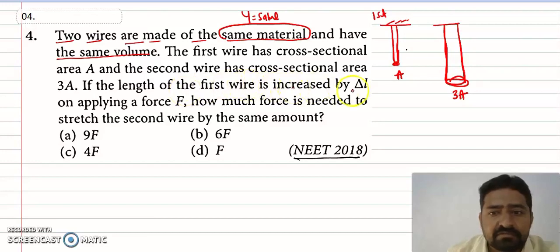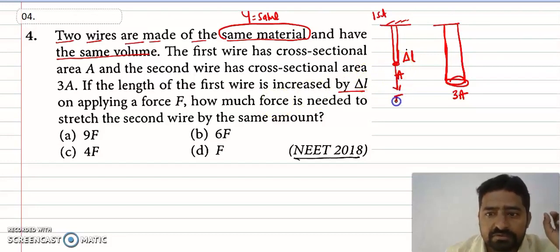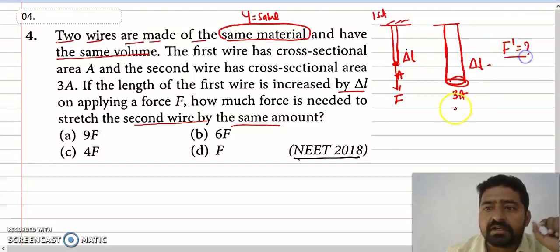If the length of the first wire is increased by delta L by applying a force, how much force is needed to stretch the second wire by the same amount, ಅಂದ್ರೆ ಇಲ್ಲಿ ಕೂಡ delta L ಅಷ್ಟು increase ಮಾಡೋದಕ್ಕೆ, ಎಷ್ಟು ಫೋರ್ಸ್ ಬೇಕಾಗುತ್ತೆ ಅಂತ ಕೇಳಿದಾನೆ.